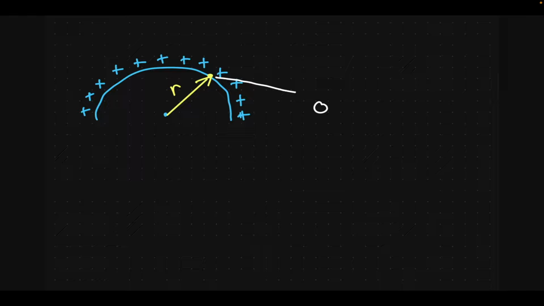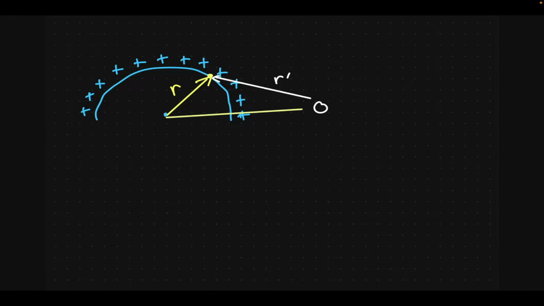So we have the vector from the observation point to that point on the charge. Let's call that R prime. You may have also seen italicized R for that vector if you follow textbooks like Griffiths, for example. But again, this is just a stylistic choice.